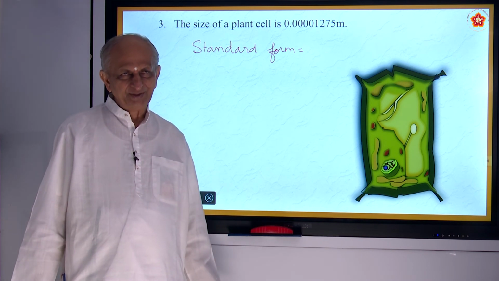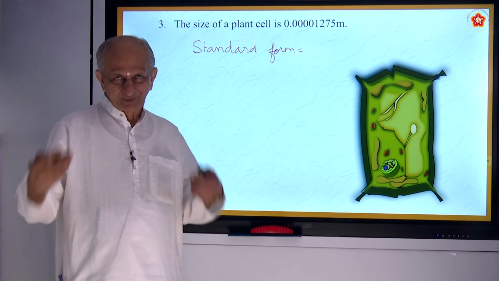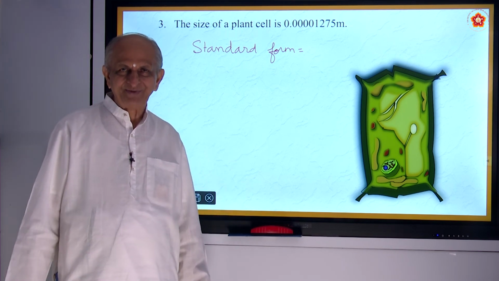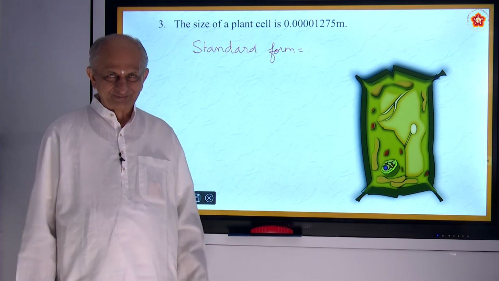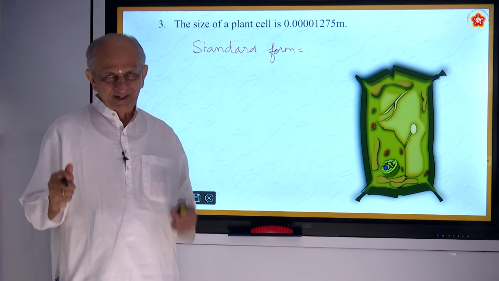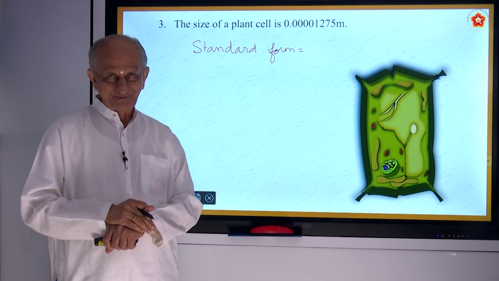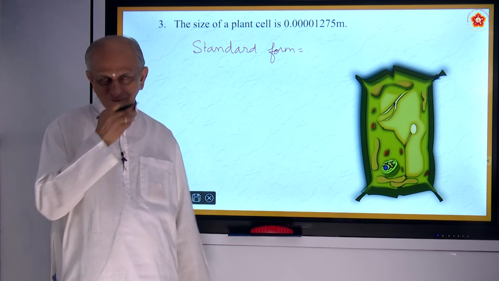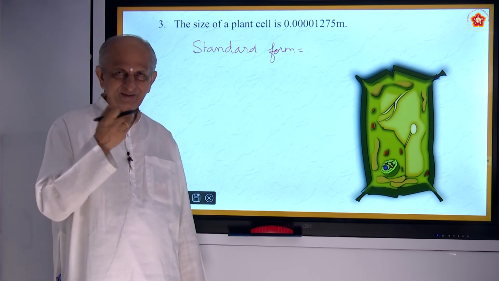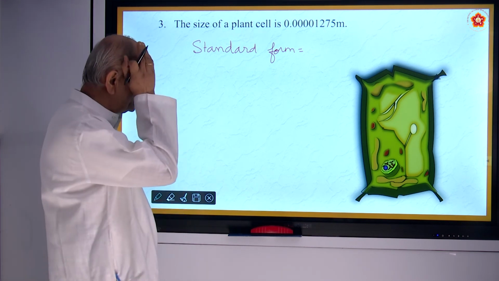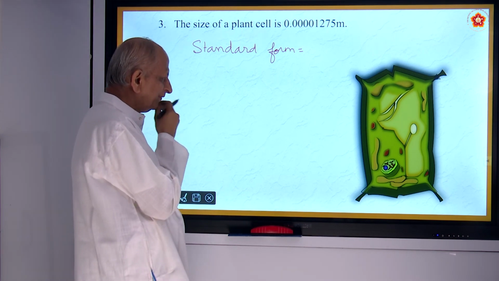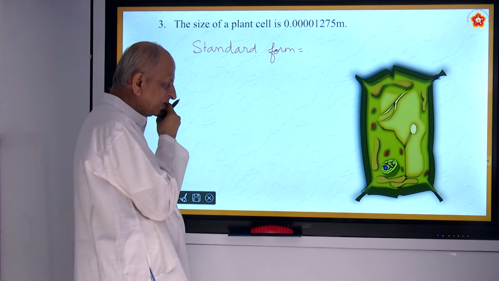There will be millions of cells. Even our body also consists of millions of cells. When you talk, so much of cells will go out. When you go for games, so much of millions of cells will go out. When you take food, that comes inside. When you drink water, so much of cells will come inside. But of course, everything is not in our control.